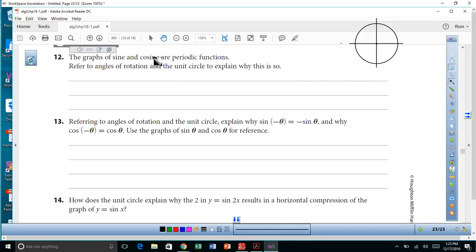This right here is one period. Since one revolution around the unit circle gives all the possible values of the sine and cosine function, subsequent revolutions repeat those values. Because remember, this is (0, 1), over here is (0, -1), this is (1, 0), and that's (-1, 0).